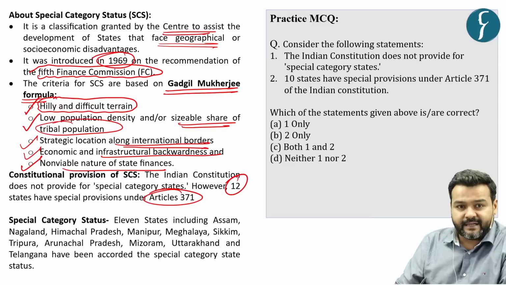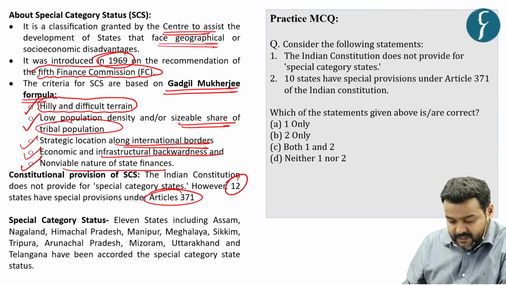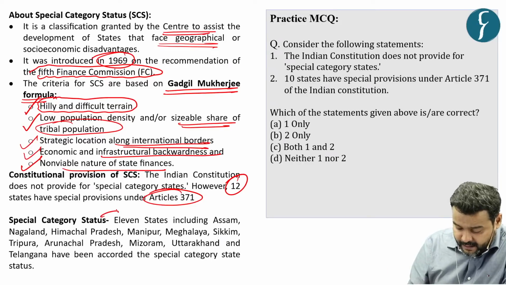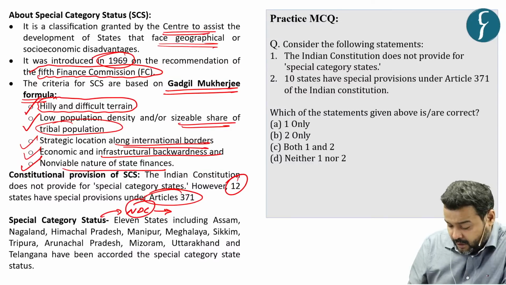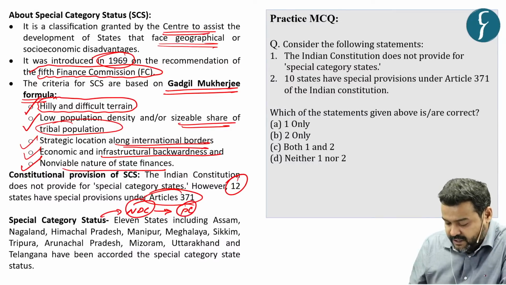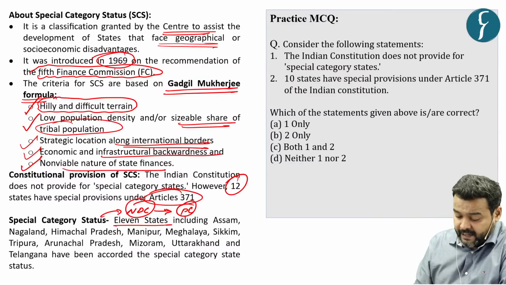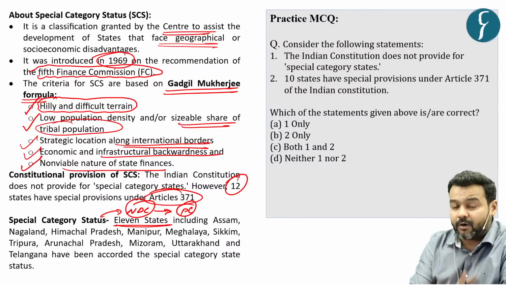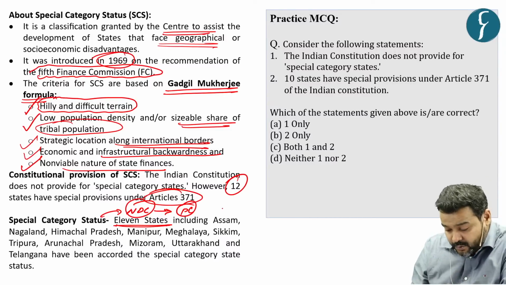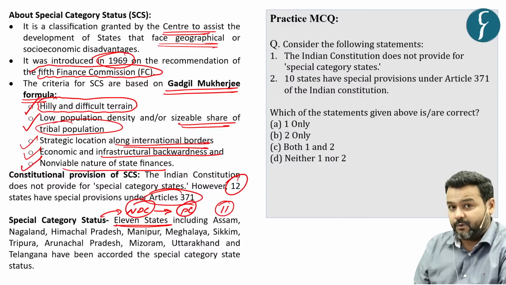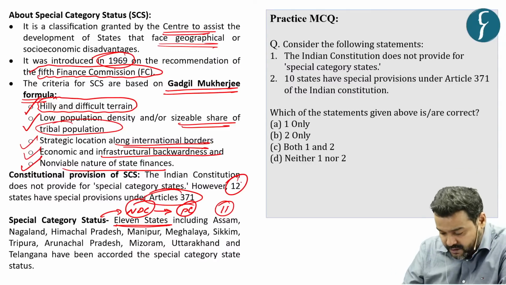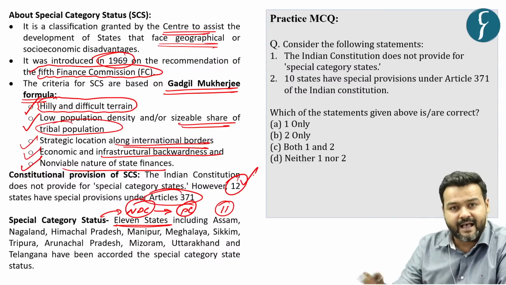Now, special category status, which was given for the first time by the National Development Council on the recommendation of the Planning Commission, includes 11 states. So special category status that was accorded by the Center is to 11 states as of now. Special provisions as enshrined in the Constitution are for 12 states as of now.